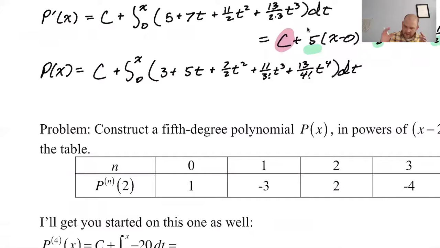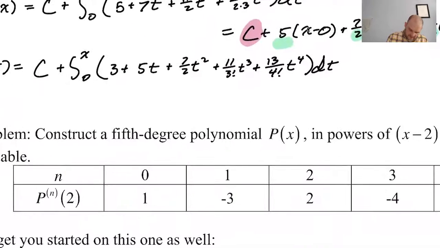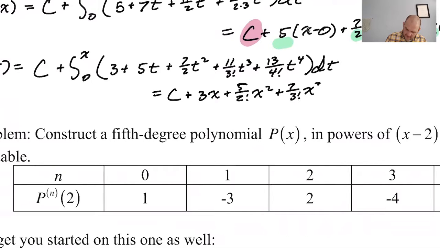All right, we're going to integrate, we're going to solve for c, and when we do that, we're going to get c plus 3x plus 5 over 2 factorial x squared plus 7 over 3 factorial x cubed plus 11 over 4 factorial x to the 4th.